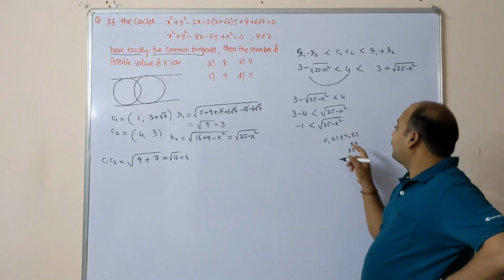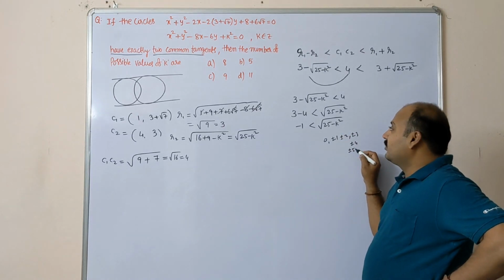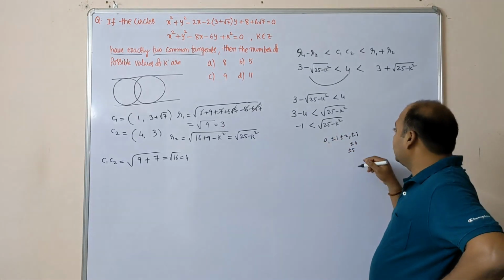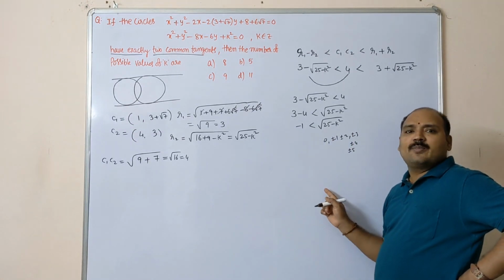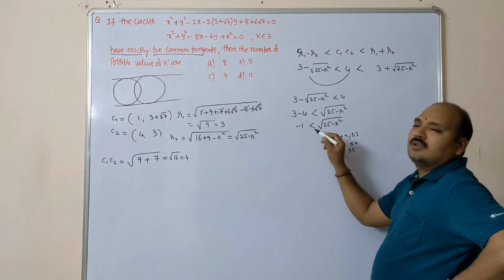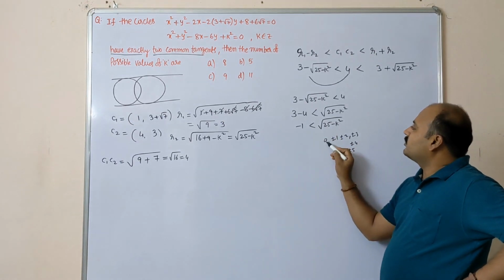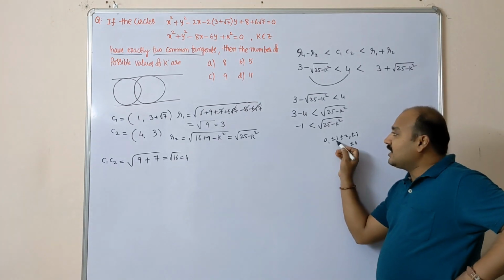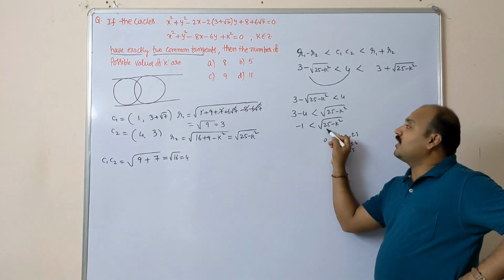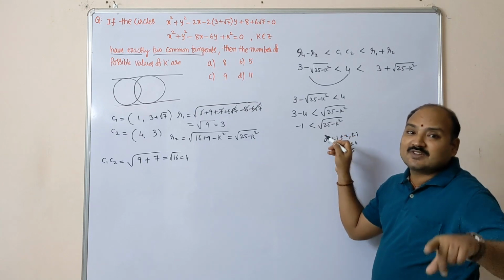So for k = 0, −1 < 5 is possible. But if we consider −5, then −1 < −5 is not correct.